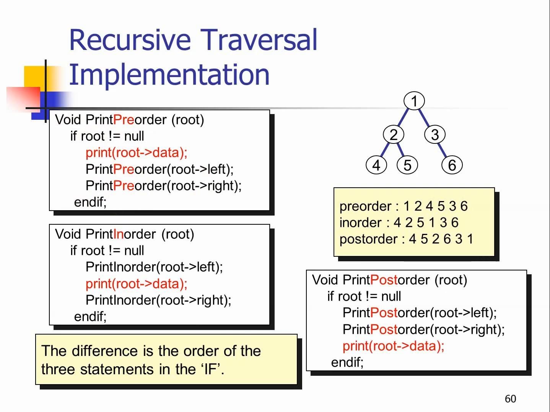Then where is the base case? The base case is actually hidden. The base case is if root equals null. Think about this: if we hit a node that is null, then we are not going to do anything, and that means it is not going to call the recursive function anymore. So this piece of traversal code has a hidden base case scenario, and this is something very interesting.